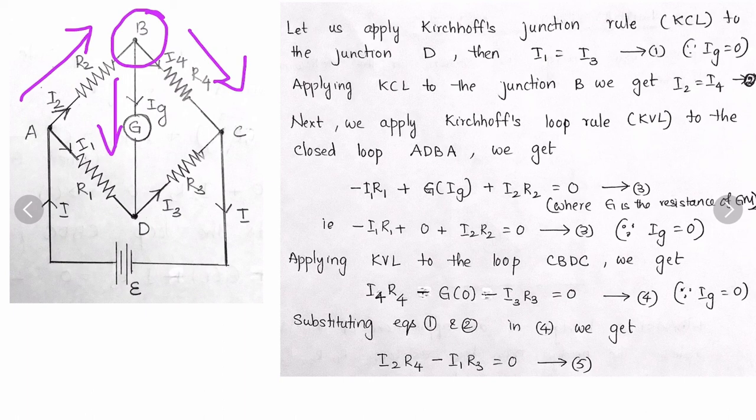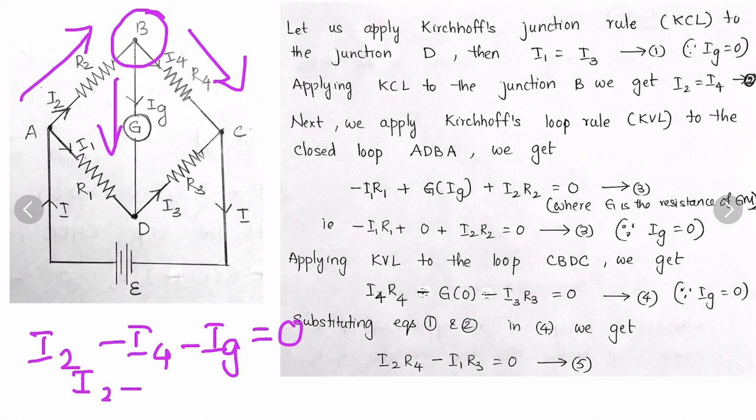Therefore, according to the convention, we have to take I2 as positive and I4 as negative, Ig also as negative, because the algebraic sum of the currents meeting at the junction B is equal to 0. But at the balanced condition, Ig is equal to 0.